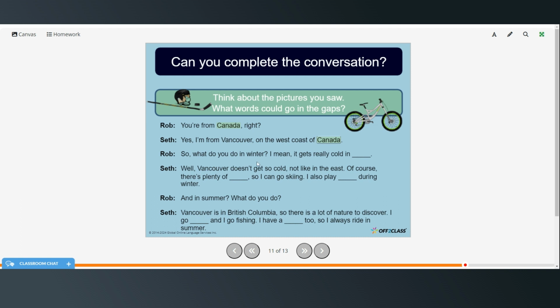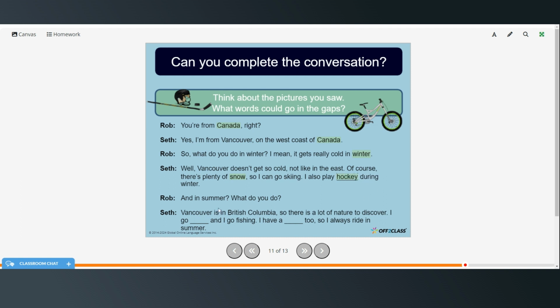So what do you do in winter? I mean, it gets really cold in winter. Well, Vancouver doesn't get so cold, not like in the east. Of course, there's plenty of snow, so I can go skiing. I also play hockey during the winter.